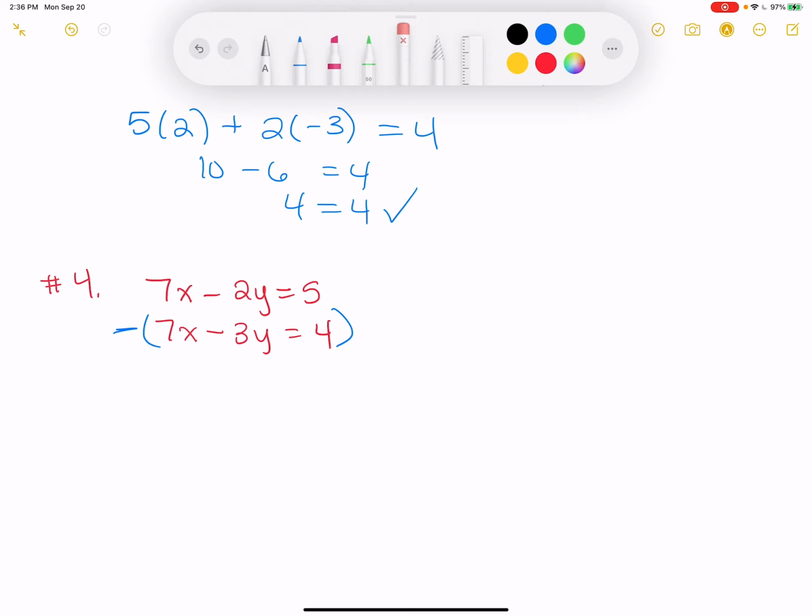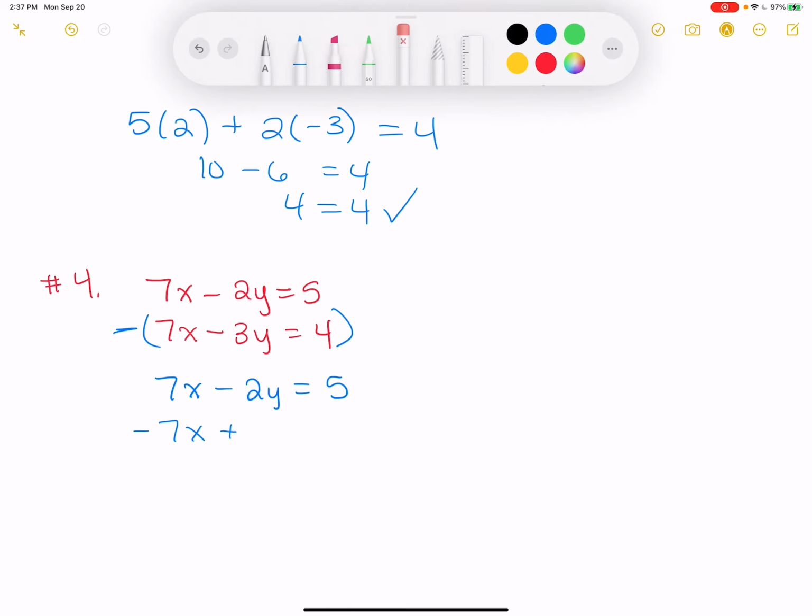So you have two options. You can either just remember that every time you're doing 7x minus 7x, negative 2y minus negative 3y, 5 minus 4, or you can just make your life a little easier, not have to worry about forgetting, and then you can go ahead and just distribute this all the way across.